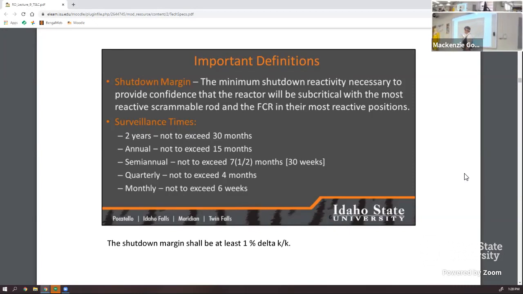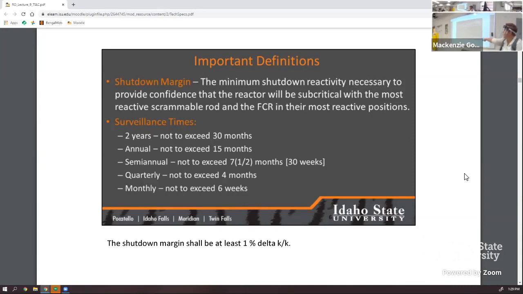Quarterly plus a grace period, 4 months, right? So it is important for you to be able to tell the NRC inspector that our surveillance requirements have a surveillance time, and the actual time we have to perform that includes a specified grace period, and that you know where to look that information up. Okay?